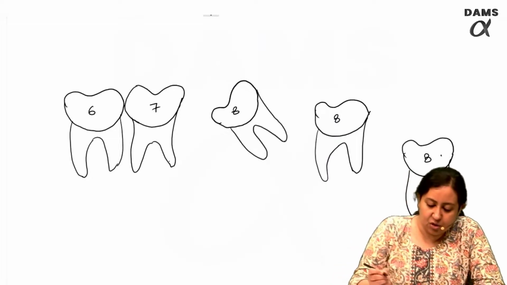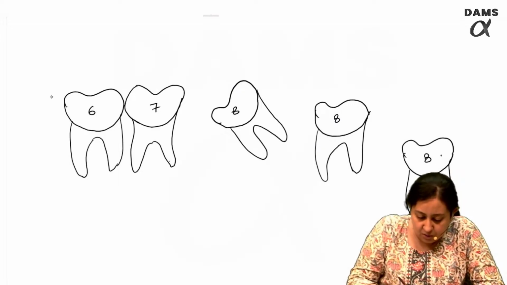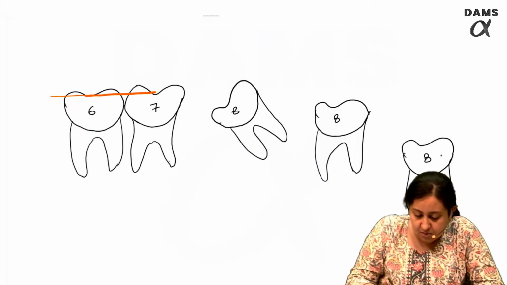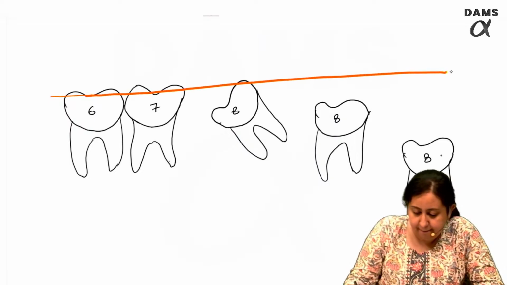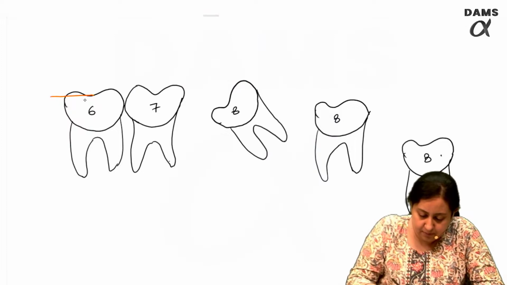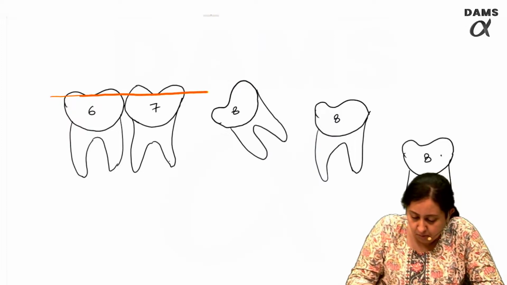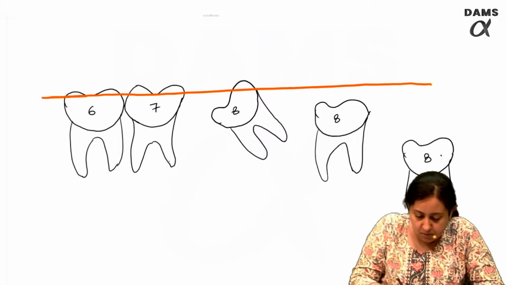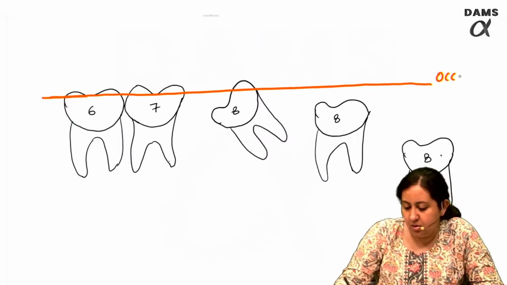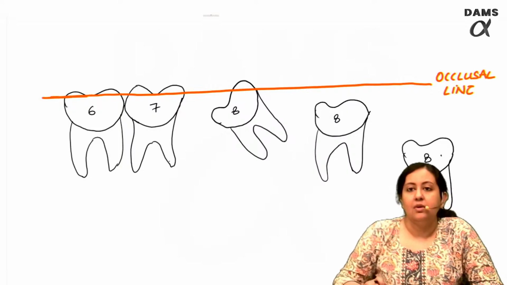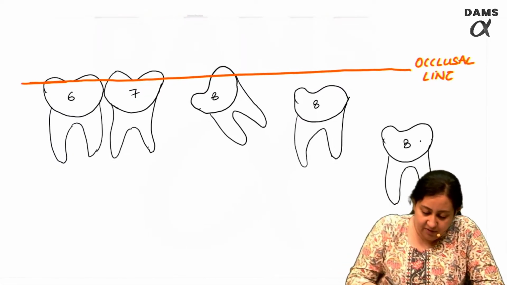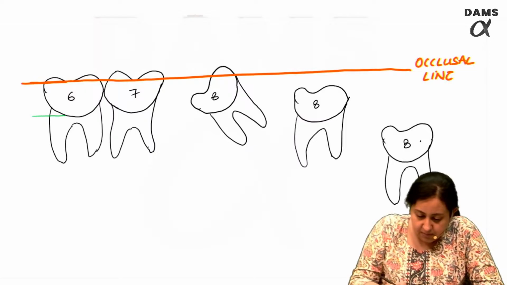Okay, let's first draw the occlusal plane. So from the occlusal fossa of 6 and 7, this is your occlusal line. I'll just move this a little. With green, we will draw the cervical line.